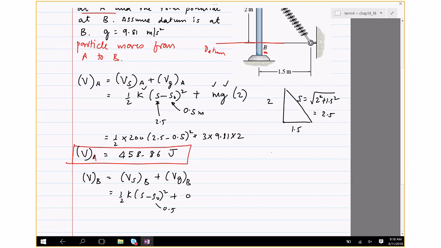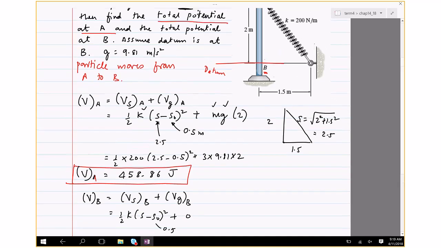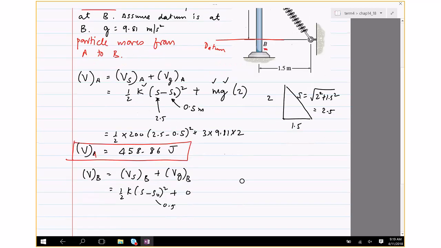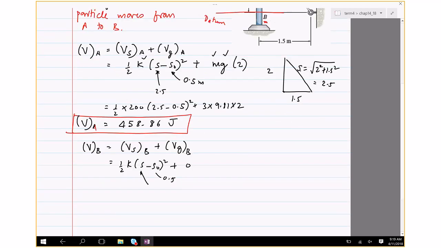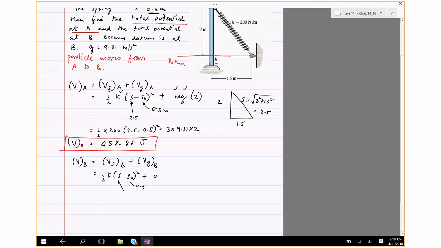So what's S? 1.5, because when the mass moves to B, the length of the spring is going to be 1.5.